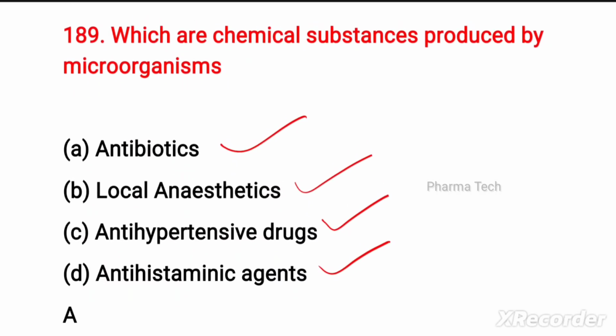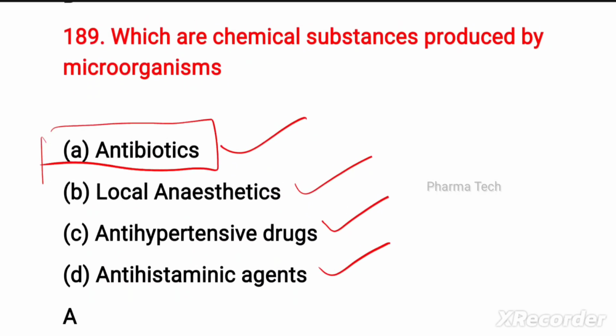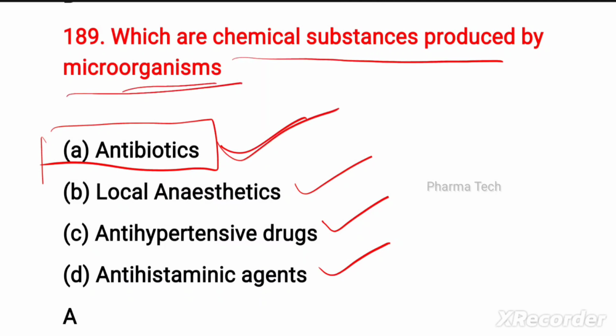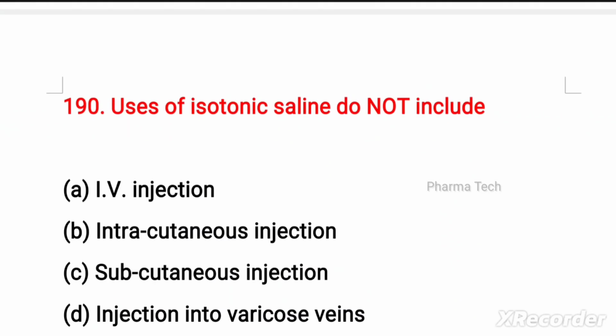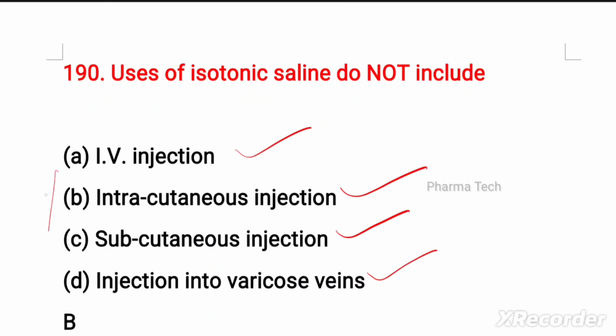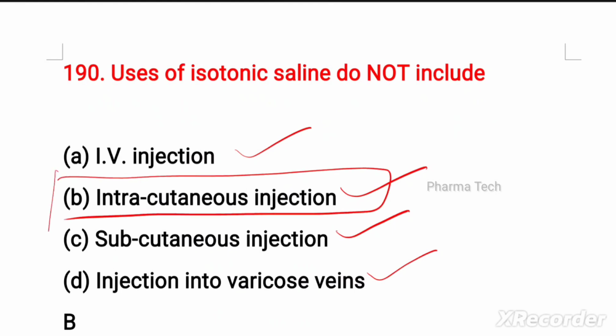Answer is A, antibiotics. Next question, use of isotonic saline does not include. Options are IV injection, intracutaneous injection, subcutaneous injection, injection into varicose veins. Answer is B, intracutaneous injections.